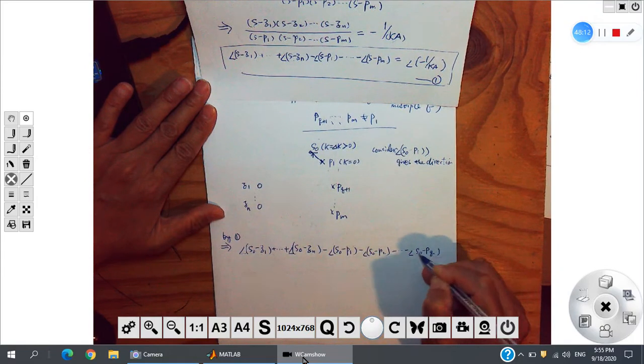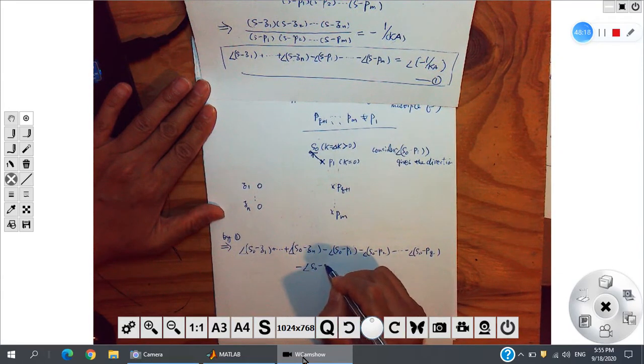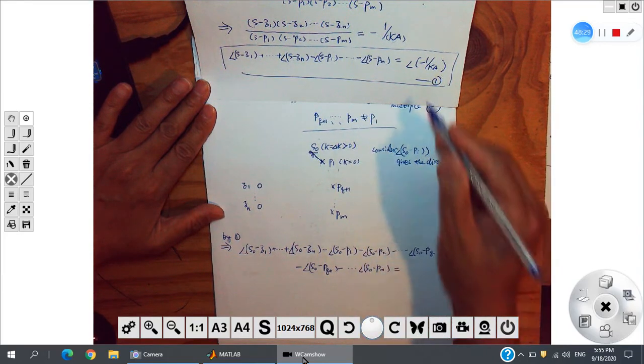Actually P1 to PQ are the same, and the rest of the P terms are different: S0 minus PQ plus 1 until S0 minus PM.